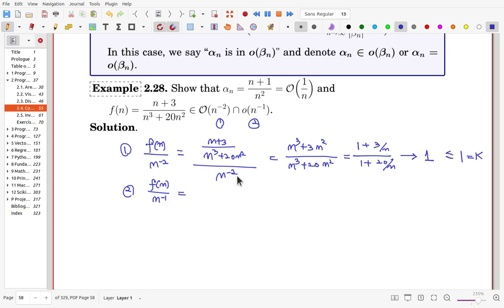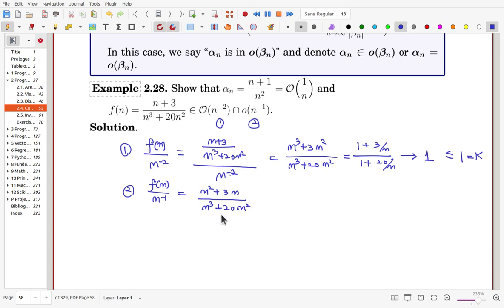Rather than n to the minus 2, we put here n to the minus 1. Then n will be multiplied on the top, so there will be n squared plus 3n divided by the same bottom, n cubed plus 20 n squared.